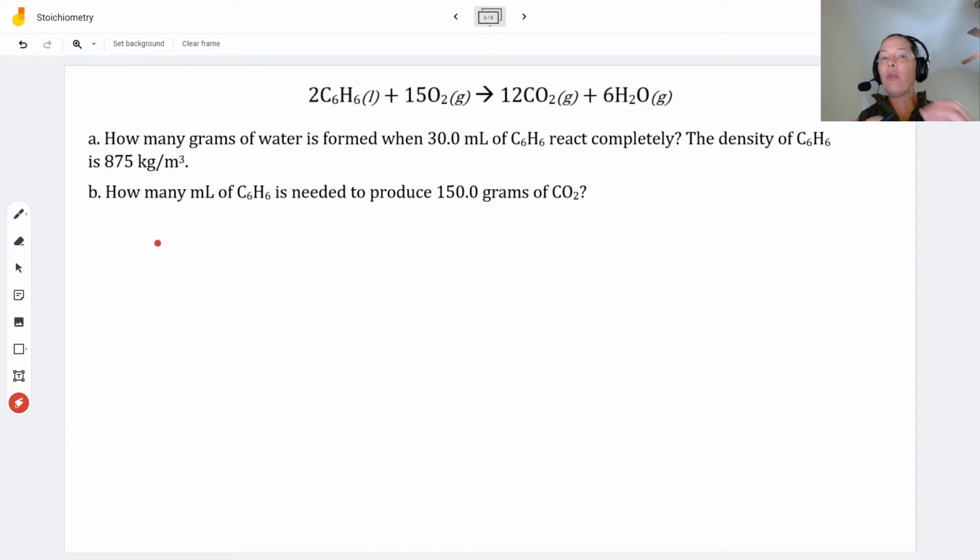A density is going to let us convert between mass and volume. In this case, we're going to go volume to mass, but you can also go mass to volume, which we'll actually do in the second part. So you need to look at the units of density, and you can see I've got a mass here and a volume here, so we can use it to go in between each.